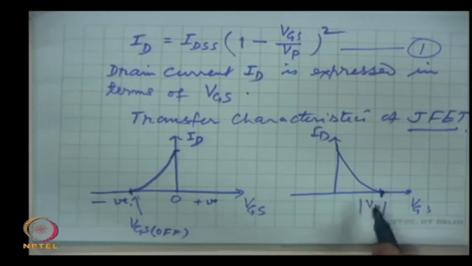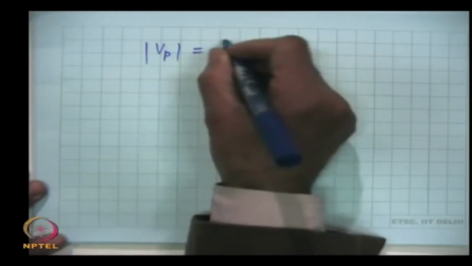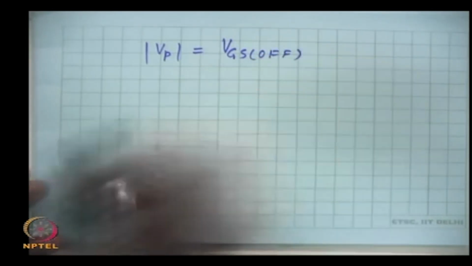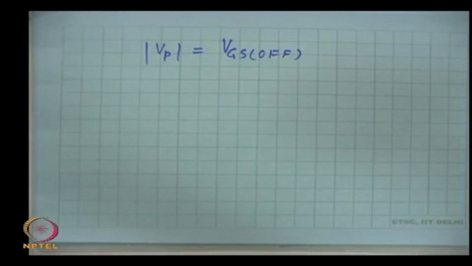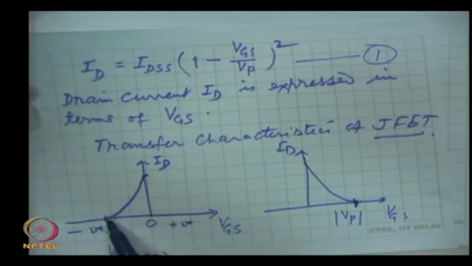And so, from this transfer curve, we get that the magnitude of Vp is the same as VGS off. What is VGS off? VGS off is that gate source voltage which puts drain current to 0.